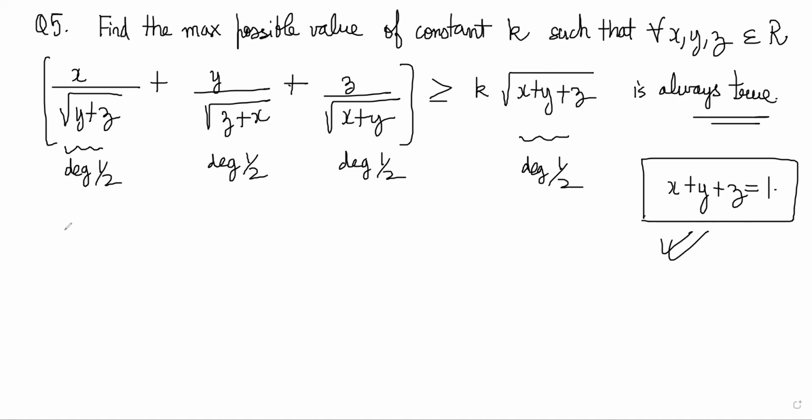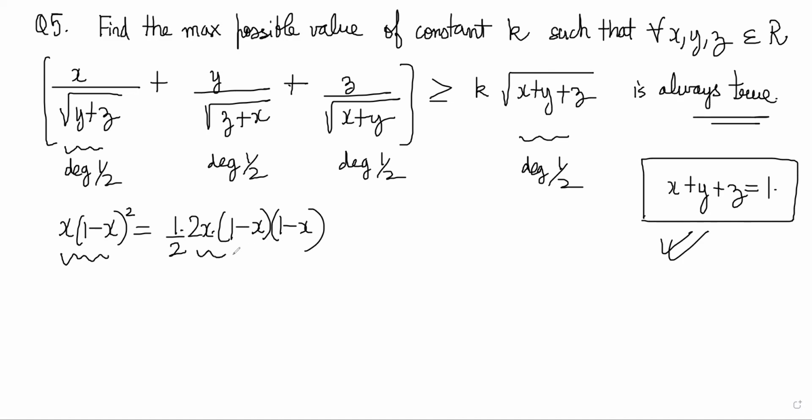And then let's consider this function: x into (1 minus x) whole square is equal to half into 2x into (1 minus x) into (1 minus x). So applying AM-GM on these three terms, 2x, 1 minus x and 1 minus x, we'll say that this is less than or equal to half into ((2x plus 1 minus x plus 1 minus x) by 3) whole cube.